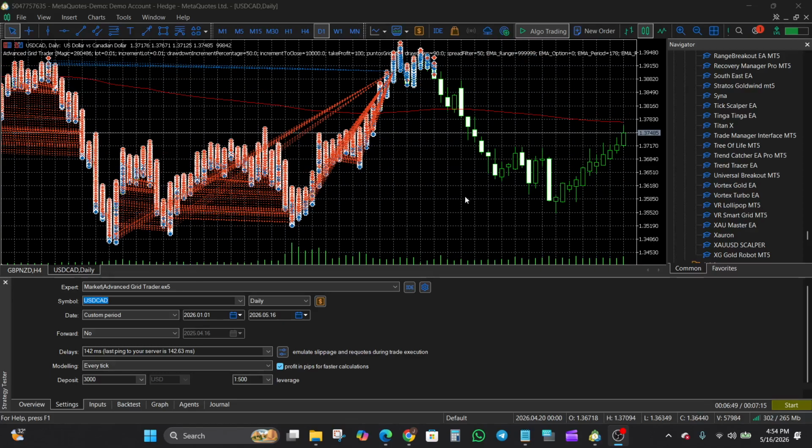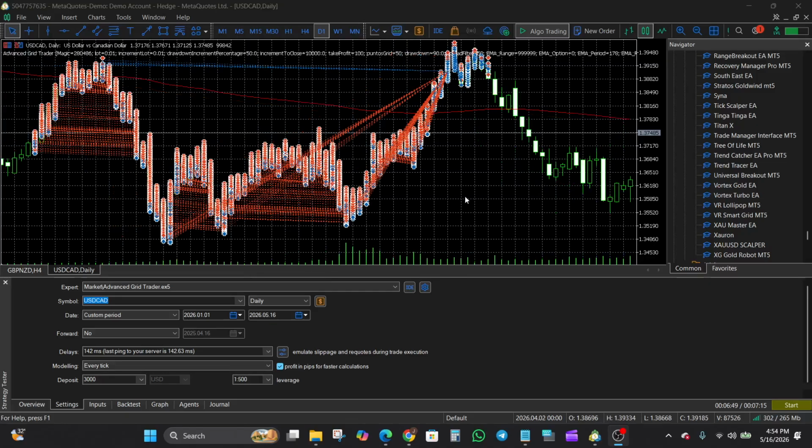Now, looking at the overall historical behavior, the grid structure combined with EMA filtering seems designed to capture swings in both trending and ranging conditions while still maintaining controlled exposure through drawdown and equity-based rules.